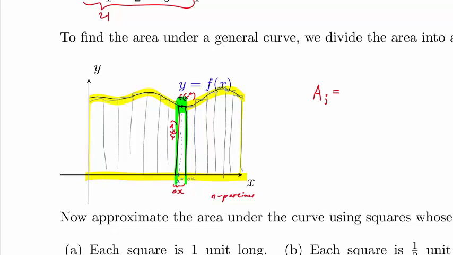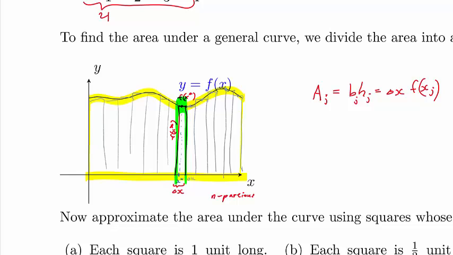Well, these are all rectangles, as you notice, so it's just the base times the height. The base of j times the height of j. The base of j is going to be delta x. If we keep that width constant, we don't have to identify one for each and every one. We can just write delta x. However, the height is going to be replaced with f of xj right there. That would be the height of the function at the position xj.